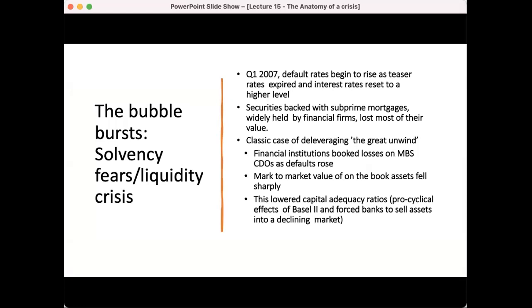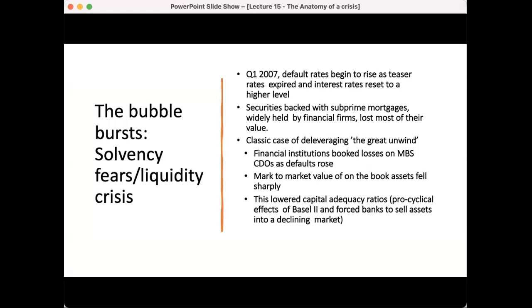In Q1 2007, the default rates start to rise, particularly as the teaser rates that have been taken out now reset to much higher levels. This leaves the house owner with options: try to service the debt, very quickly sell the property at a loss, which would bring down house prices more generally, or simply default and walk away.